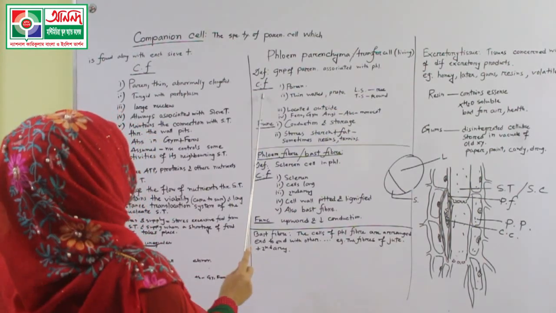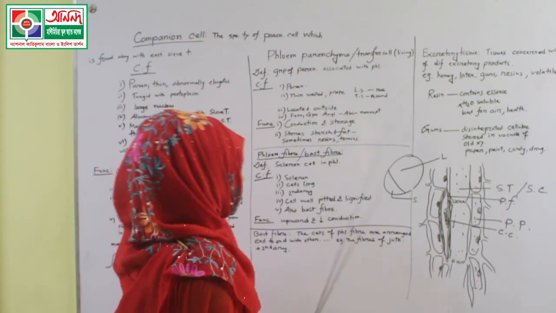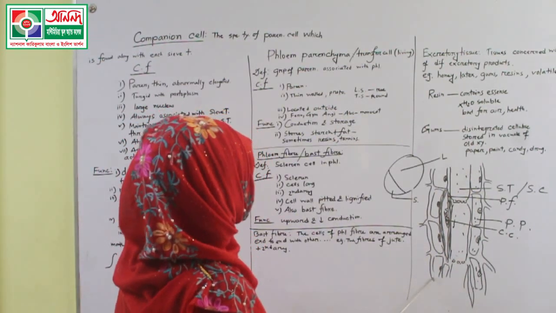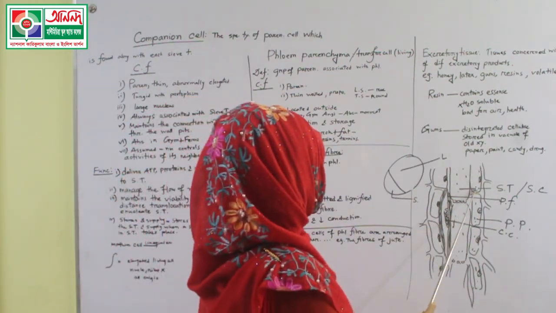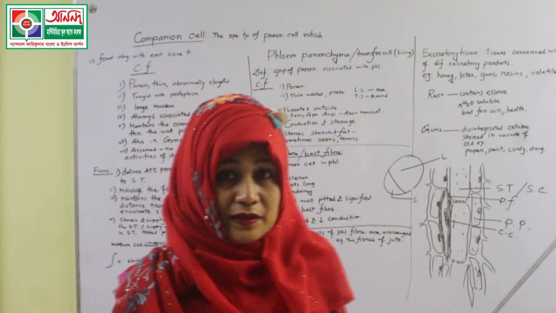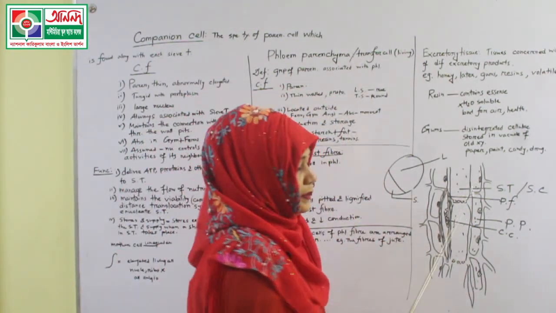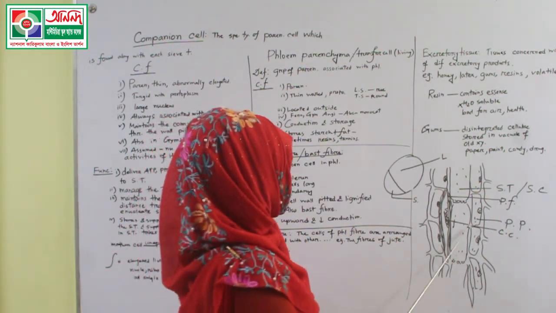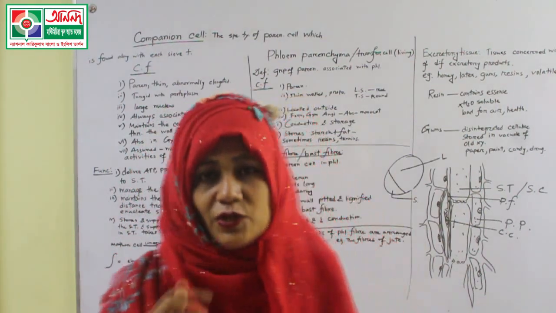Clear? Yes. Now characteristic features. Where is the phloem parenchyma, students? This is the phloem parenchyma, and please note, in a longitudinal section the cells of the phloem parenchyma are rectangular or elongated, but in cross section it looks quite rounded or circular.